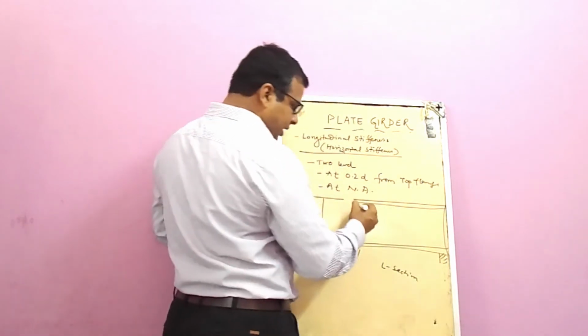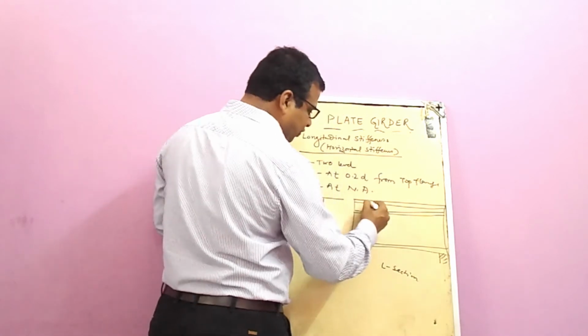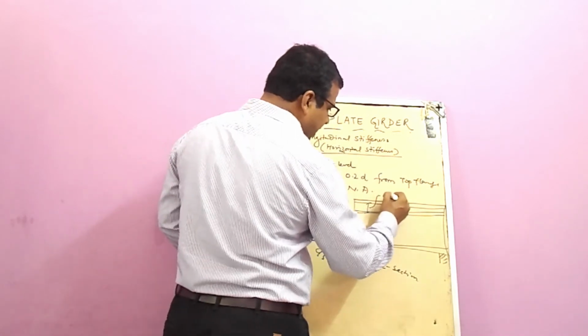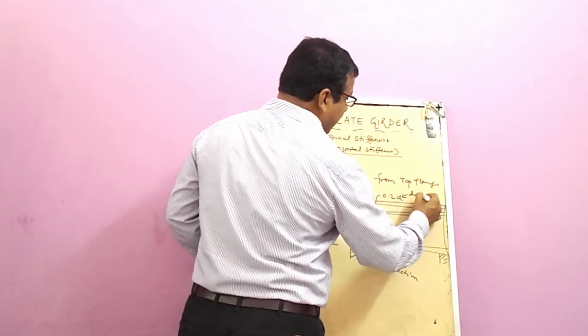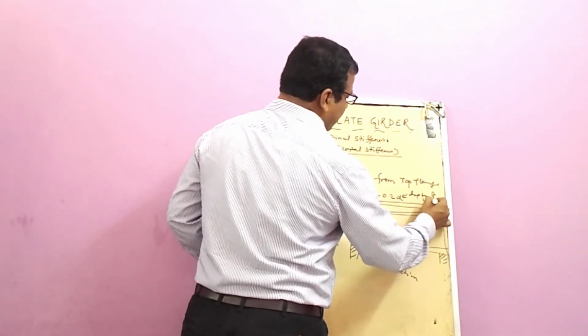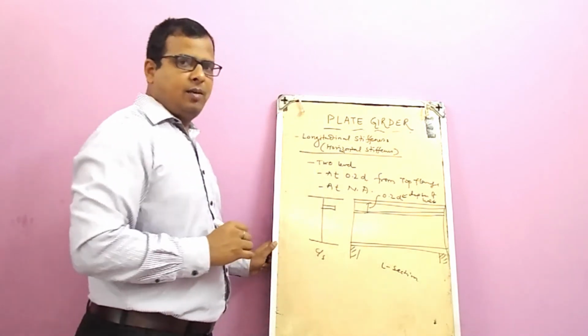Here, if we require a horizontal stiffener at only one level, it will be provided at 0.2D, where D is the depth of the web. So here we will provide it in this manner.